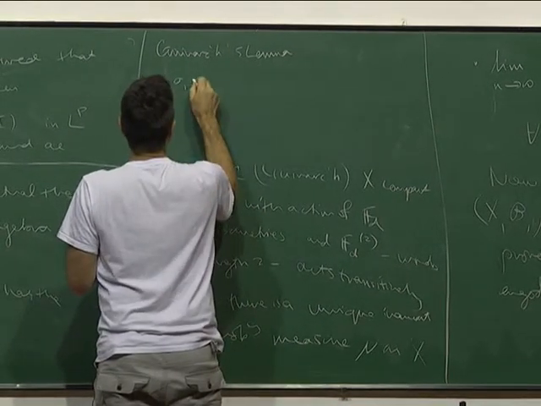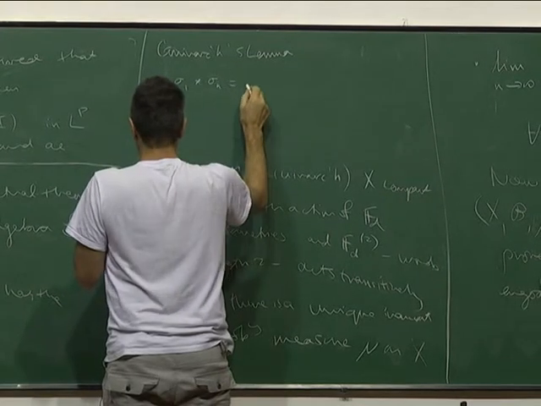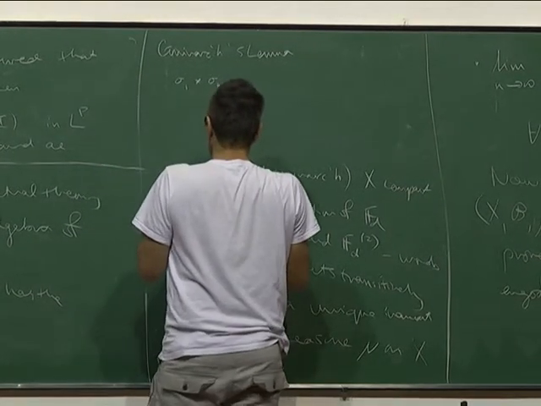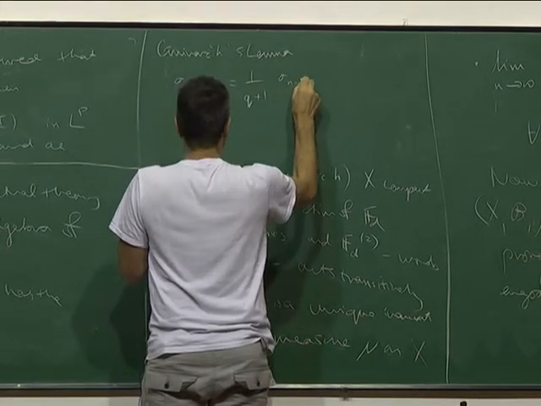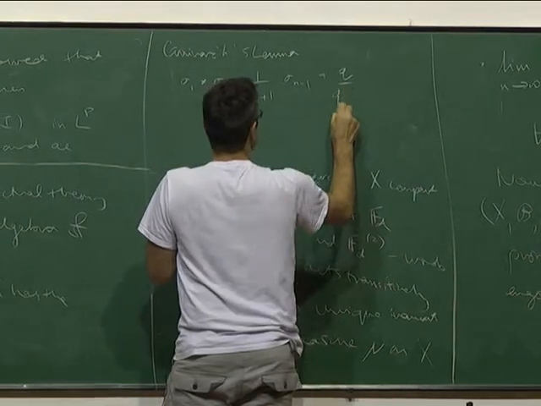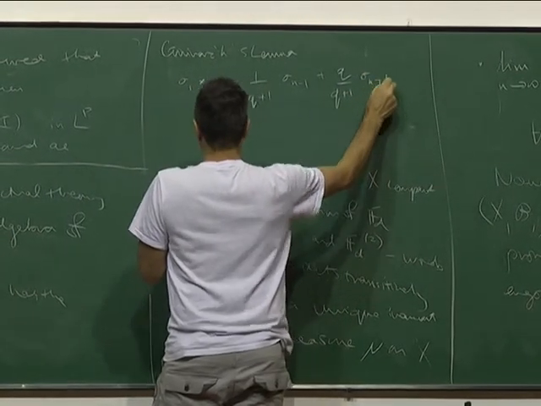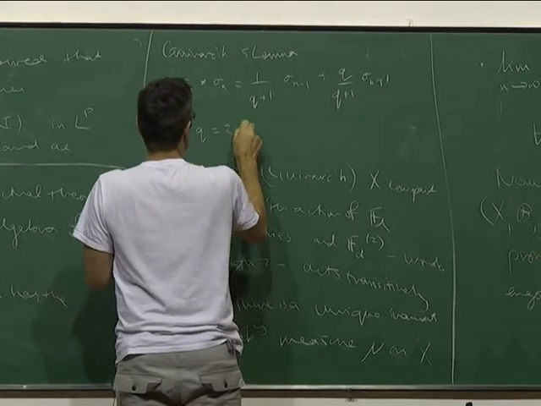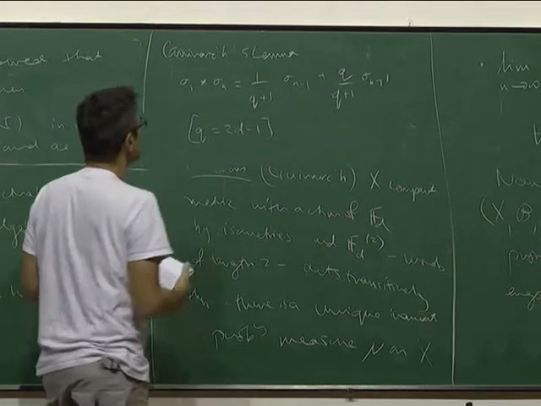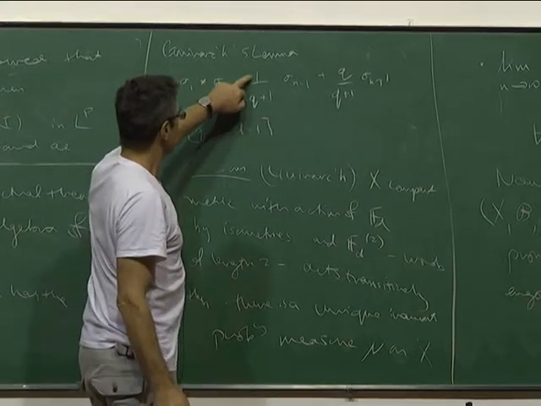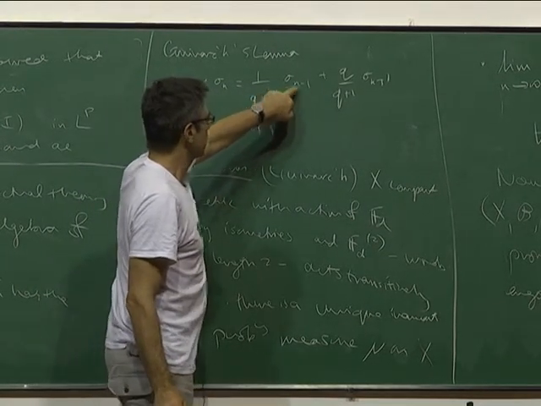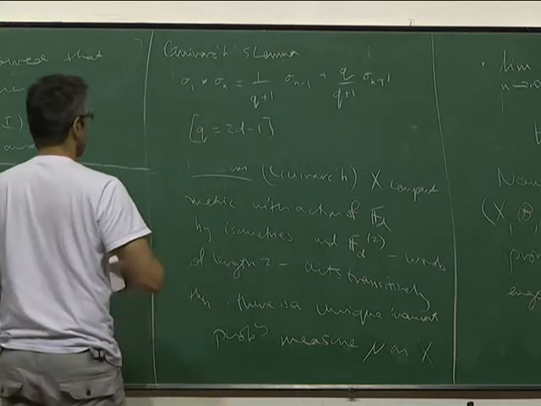It tells you what happens if you convolve sigma 1 and sigma n. There's a lovely little computation you can do looking at words and taking a convolution like that, and you see that if I convolve sigma 1 and sigma n, I get 1 over q plus 1 sigma n minus 1, plus q over q plus 1 sigma n plus 1.